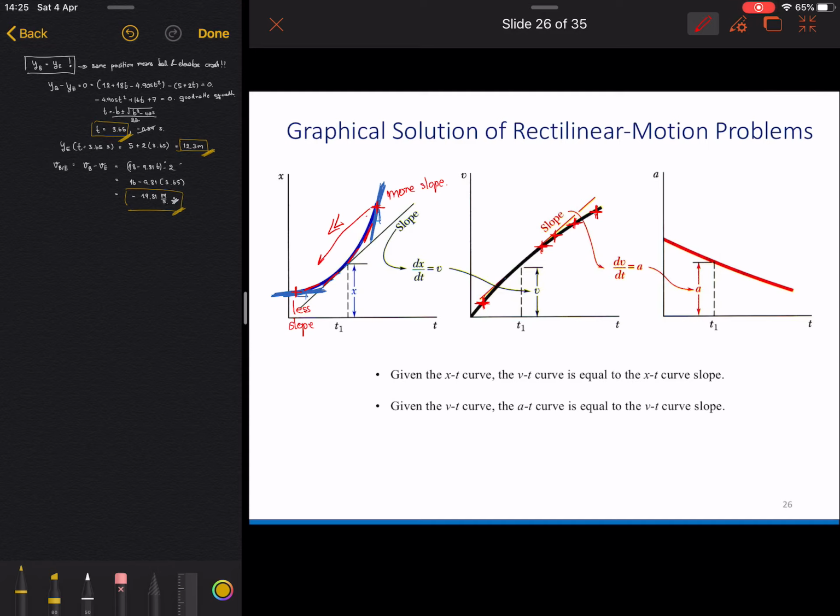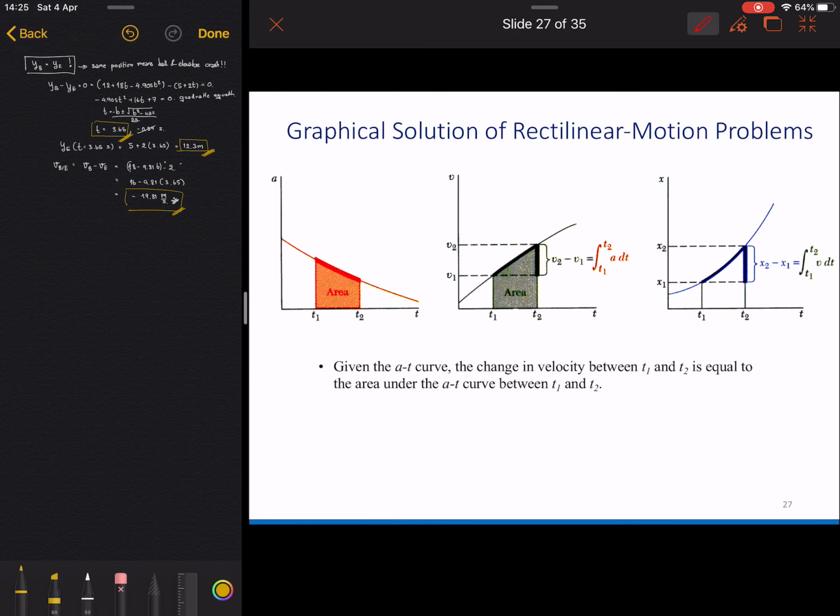And it also applies to acceleration and velocity. The slope on the velocity curve also appears as the magnitude of the acceleration. So here is the relation between acceleration, velocity and displacement.